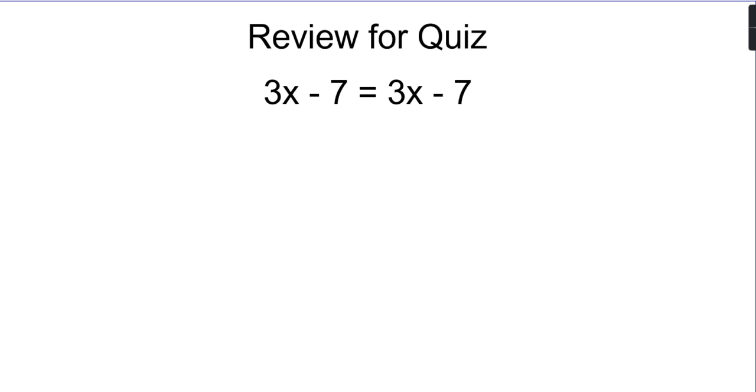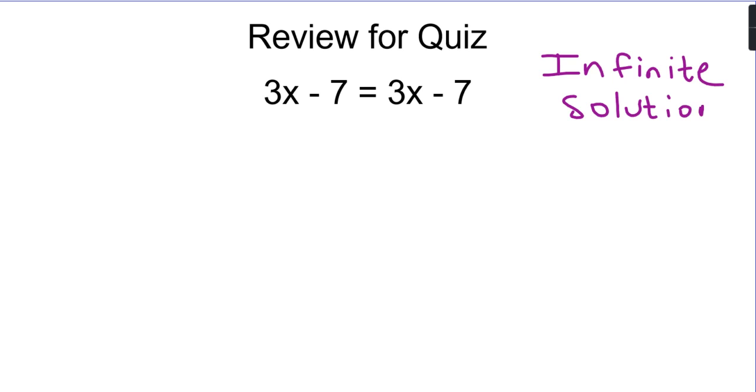When you have exactly the same thing on both sides of the equation, we say that this equation has infinitely many solutions. What does that mean? That means an endless amount of solutions, right? Just as it sounds. That means anything I can put into this equation will give me a true statement.